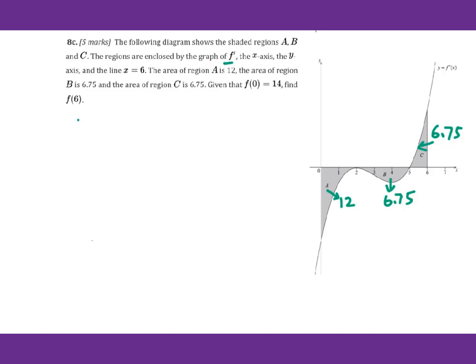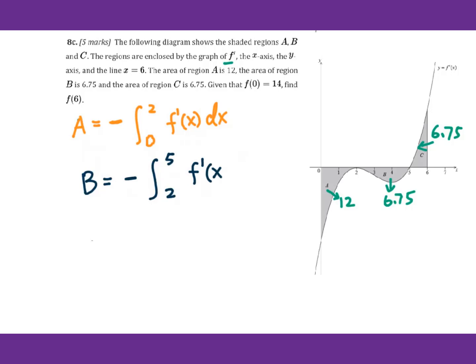According to the given information, I can write down A equals negative integral from 0 to 2 of f prime of x dx. Then B equals, still negative, the definite integral from 2 to 5 of f prime of x dx.